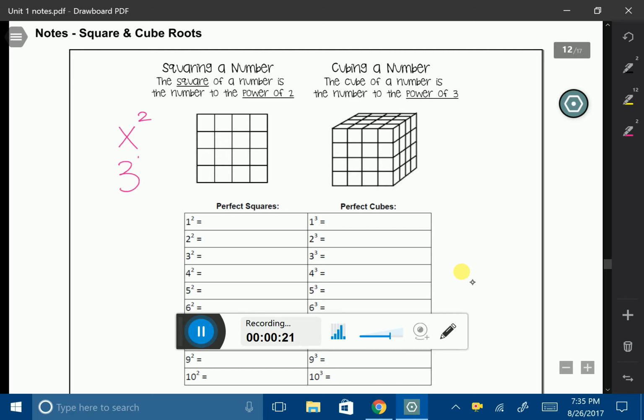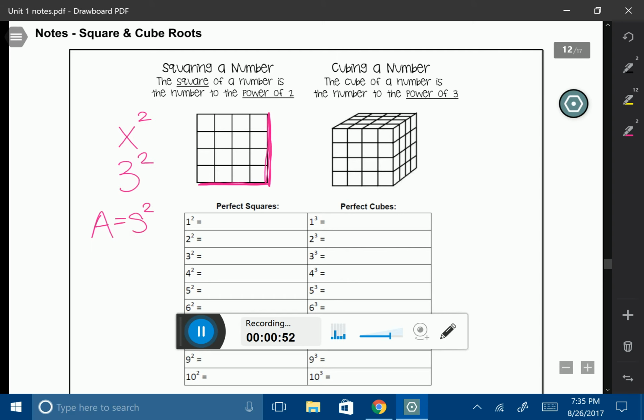And we get this squared because if we look over here at the square, we have this side length that is 4, and then we also have another side length that is 4. And we know that the formula for the area of a square, which is what we have here, is A equals the side squared.